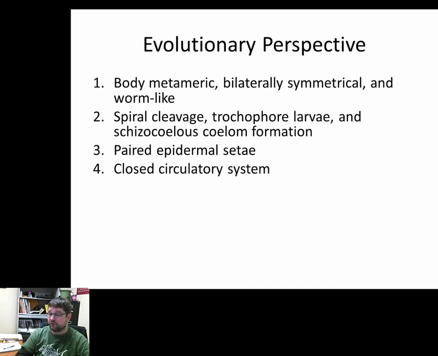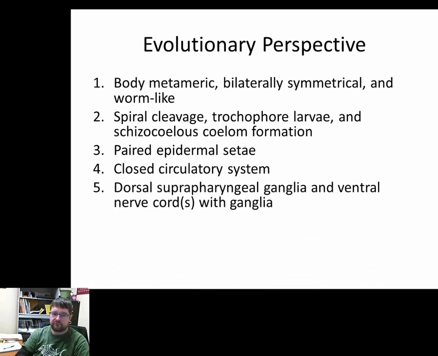They have a closed circulatory system, so the whole group has a closed circulatory system. When we were talking about mollusks, only one group in the molluscan phylum, the cephalopods, had a closed circulatory system. Now in the annelid phylum, all of them do.